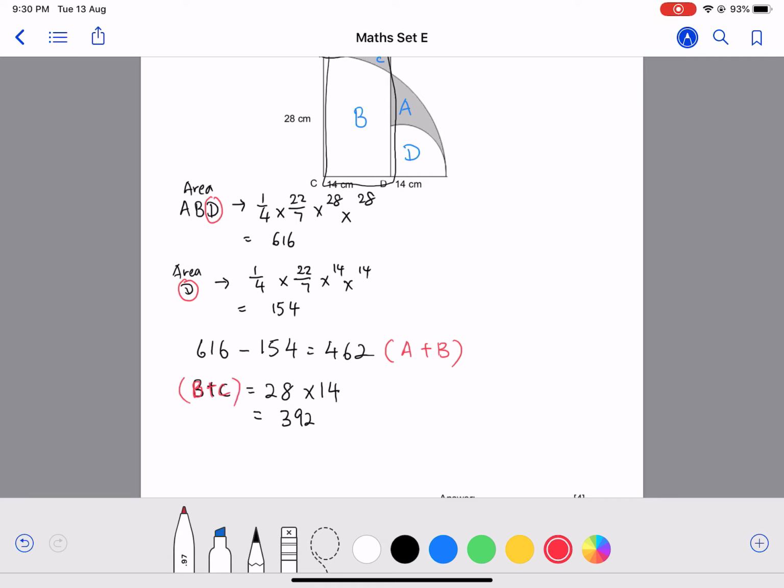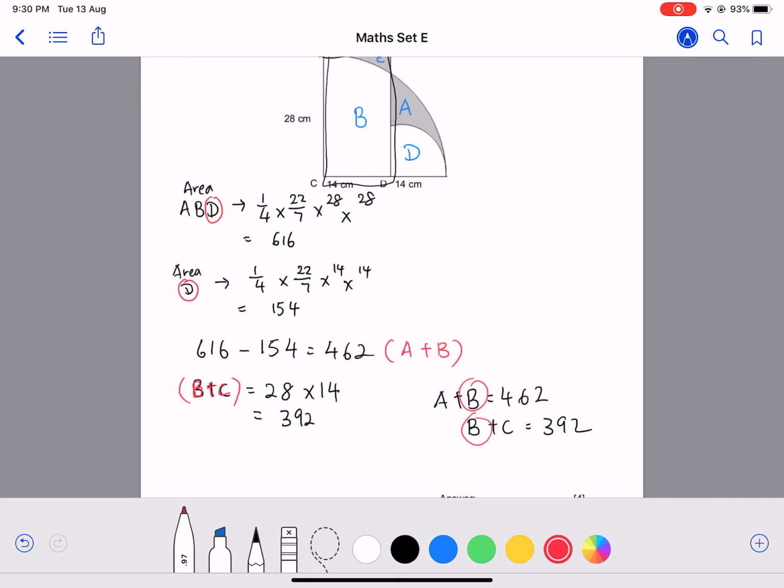Oh, I seem to realize something. Those who have not realized what is happening, A plus B is 462. B plus C is equal to 392. So again, B is a constant. Right?